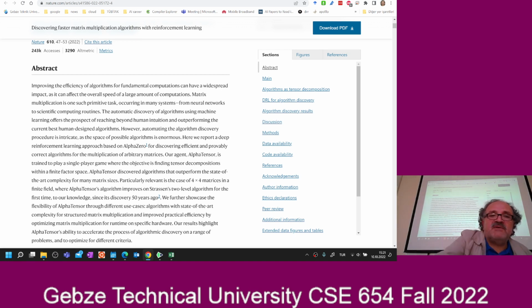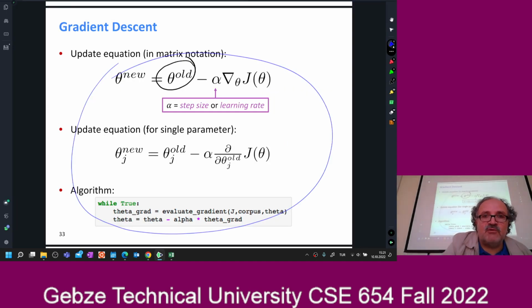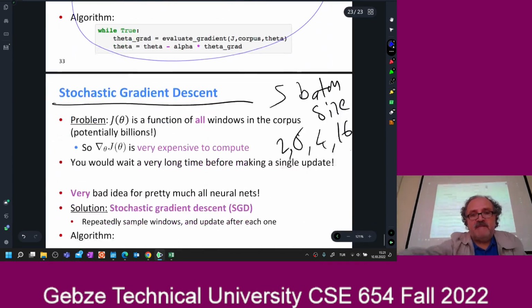And even this algorithm uses this optimization method. So we are stuck with it until somebody finds a better solution to optimize these kinds of problems. We will keep using this. Okay, gradient descent. Don't forget about it.